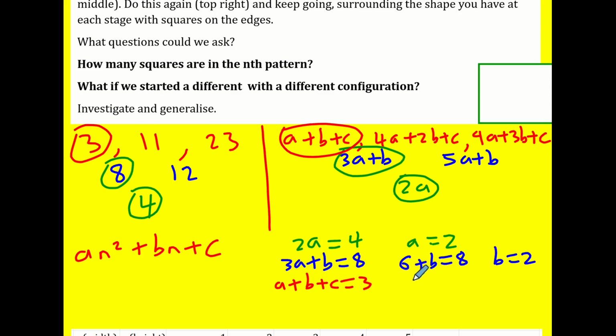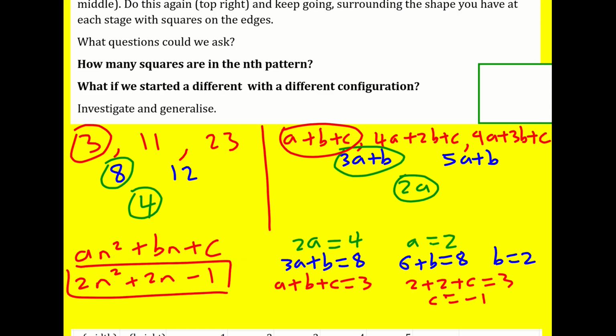So 2 plus 2 plus c equals 3. c is going to equal minus 1. And we've worked out the nth term. It's going to be 2n squared plus 2n minus 1.